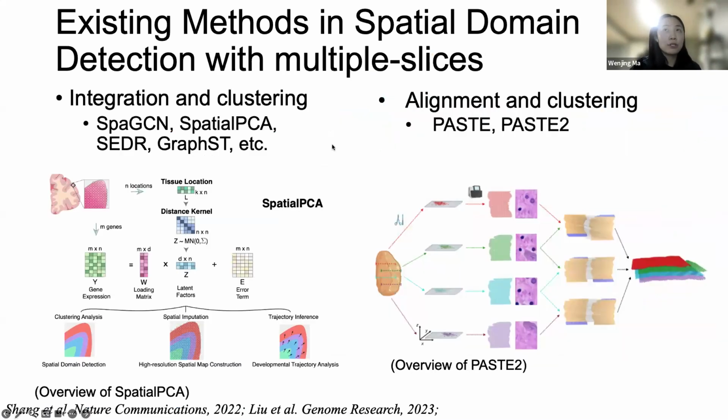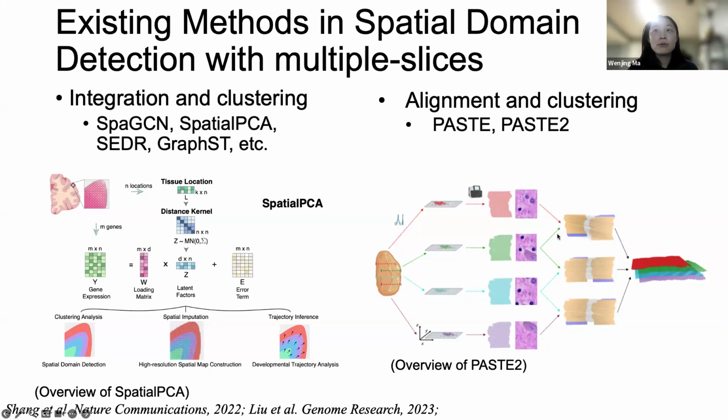Of course, there are certain methods specifically for the detection of regions utilizing multiple slices, but they are not using any temporal information. What they did is that they either try to integrate all the different slices, with or without removing batch effect, and then after the integration, perform clustering.